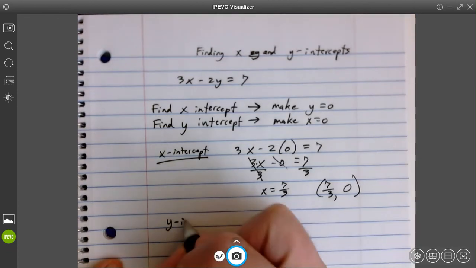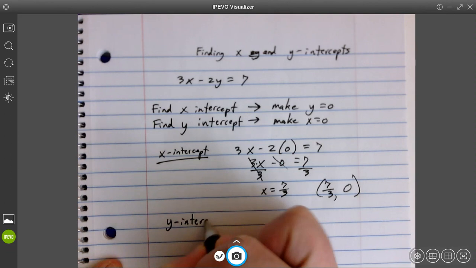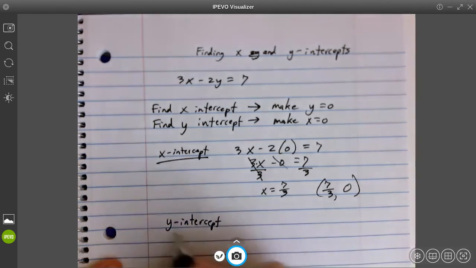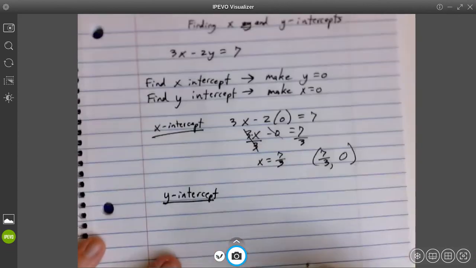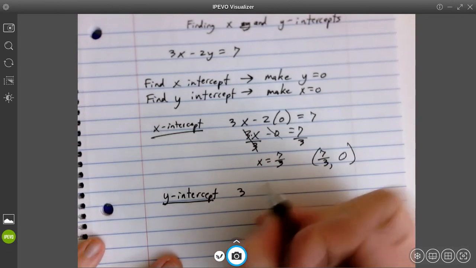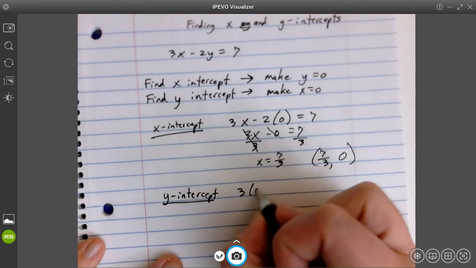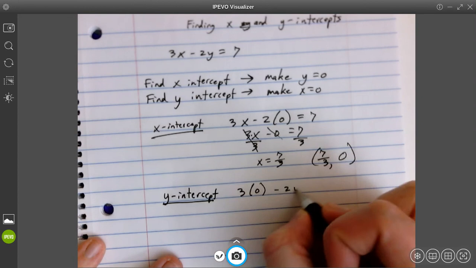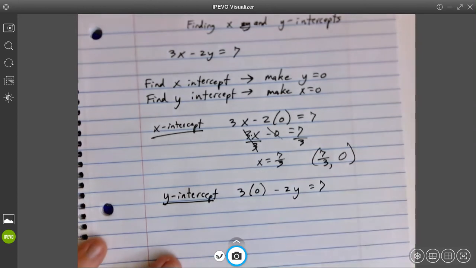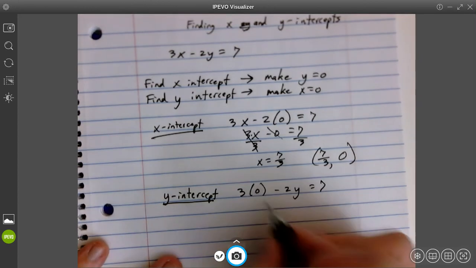So the y-intercept for the same line, now instead we're making x 0. Okay.